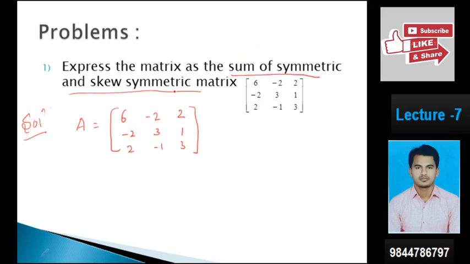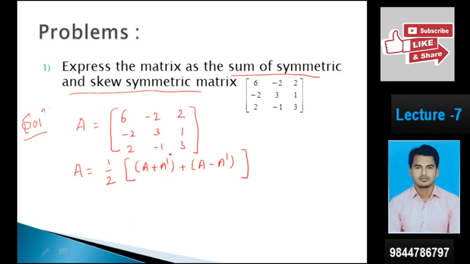That is the given theorem, theorem number 2. What is our matrix? A is equal to 1 by 2 bracket of symmetric plus skew symmetric. This is the statement of the previous theorem.